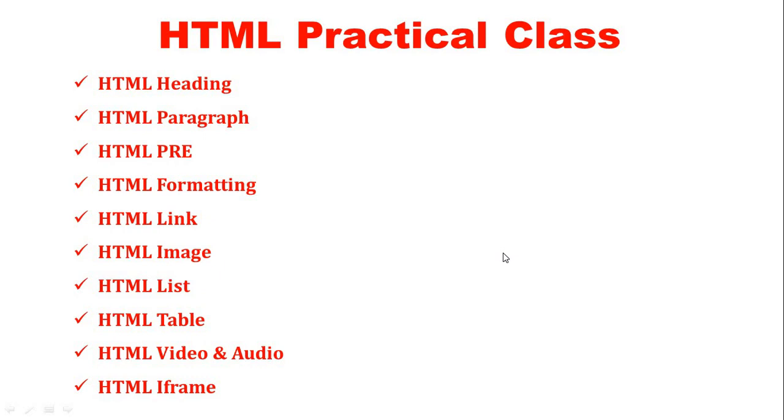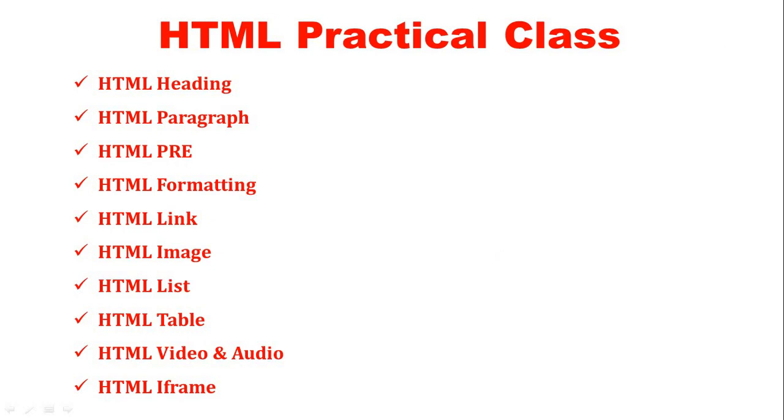We can download open source text editors, and I also told you that we can simply use Notepad. Notepad is pre-installed in each and every system, so for beginners it will be easy to use the Notepad text editor. So let me start with the Notepad text editor.